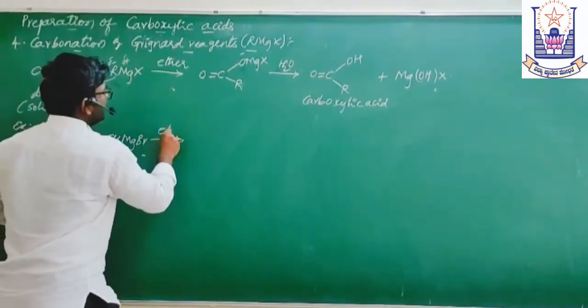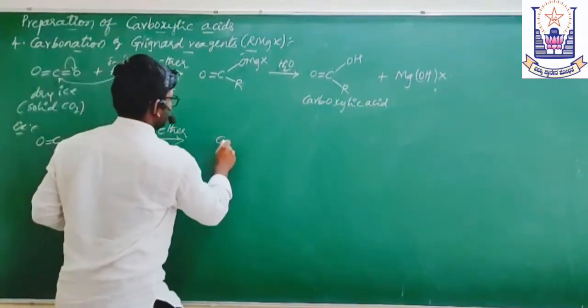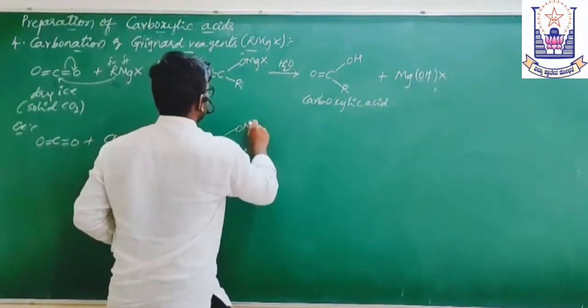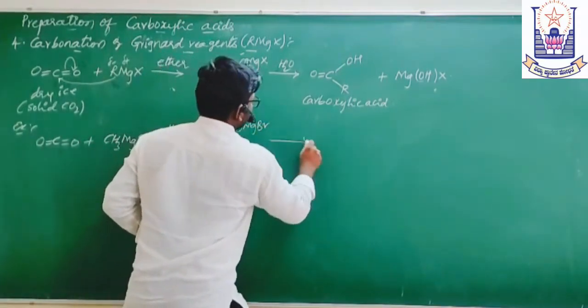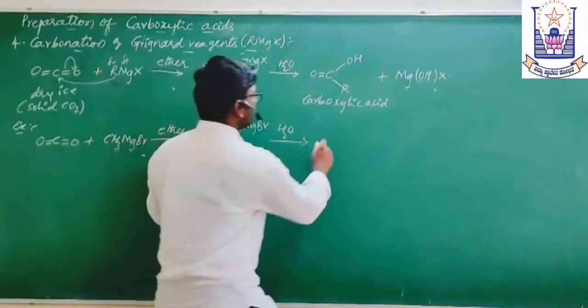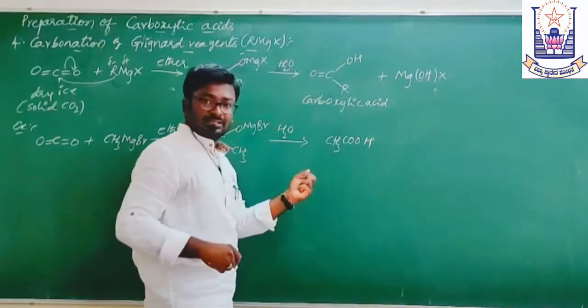In presence of ether, it will form CH3 C double bond O MgBr. On hydrolysis, you will get CH3COOH as the product. What is this? Acetic acid.